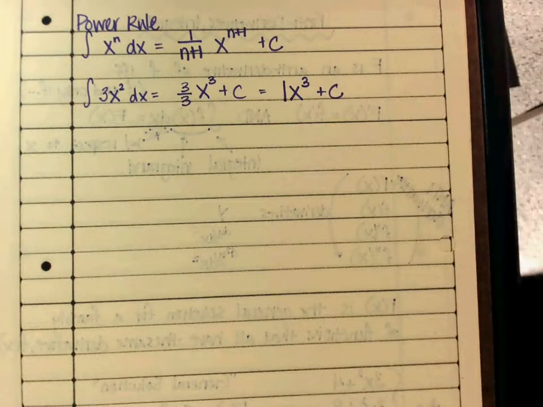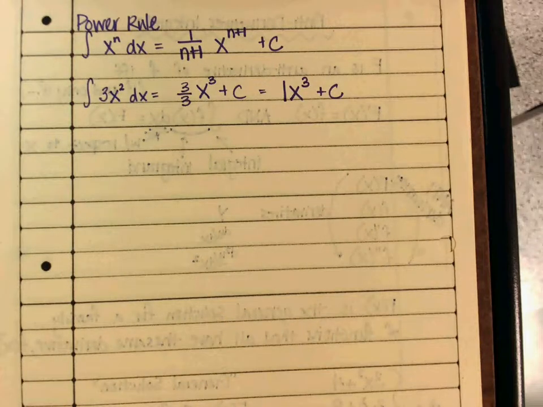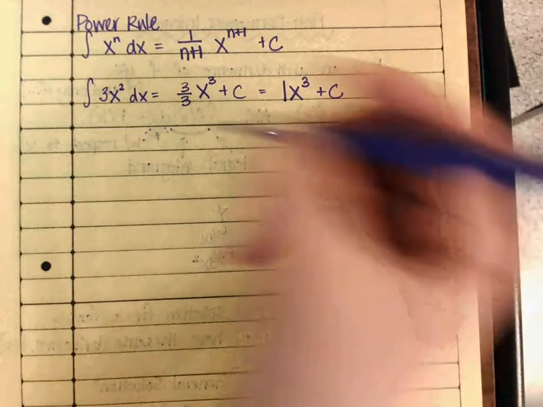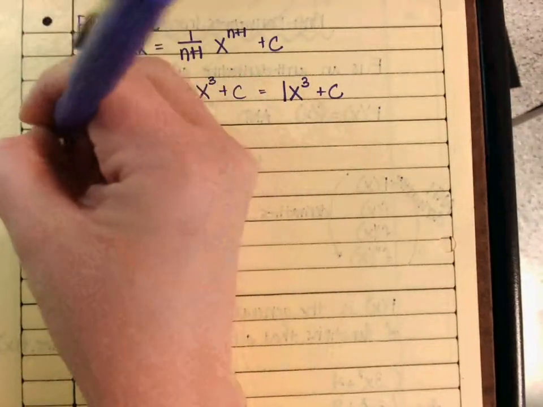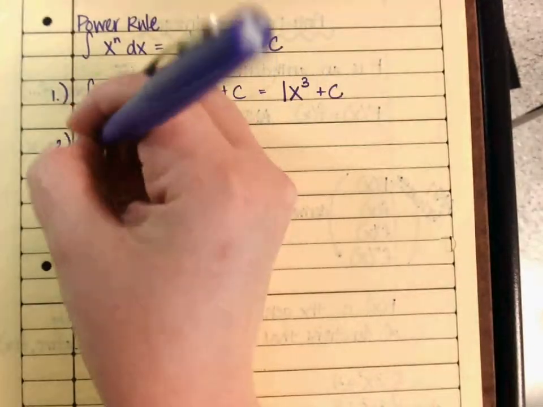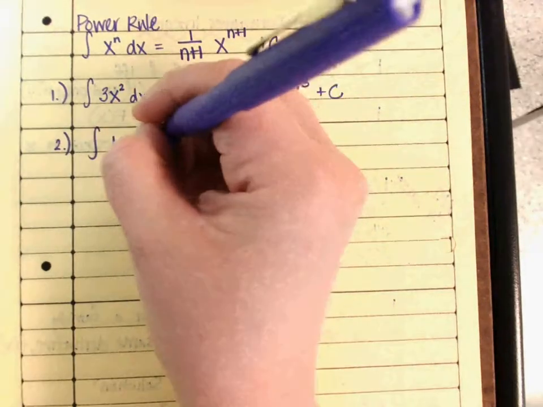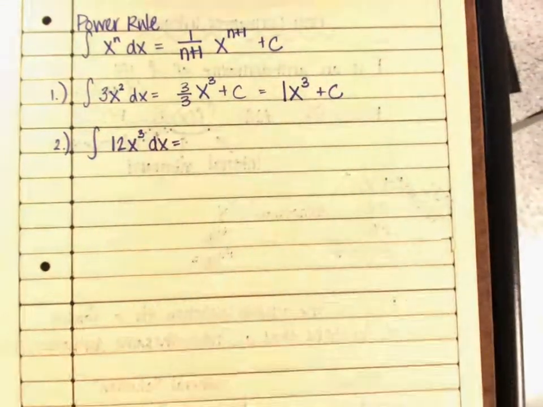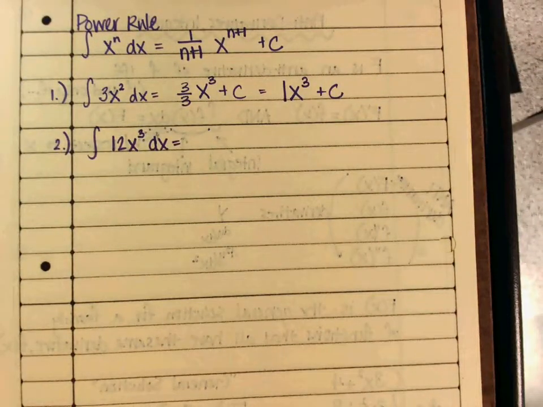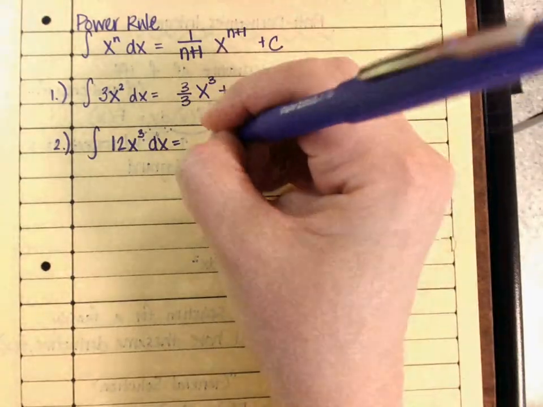So let's say that you have the integral of 12x to the 3. Remember, you add 1 first, then divide. So if I add 1, what's my new power? X to the 4.